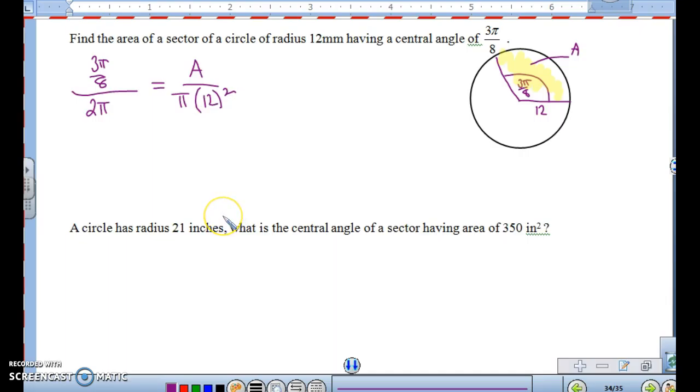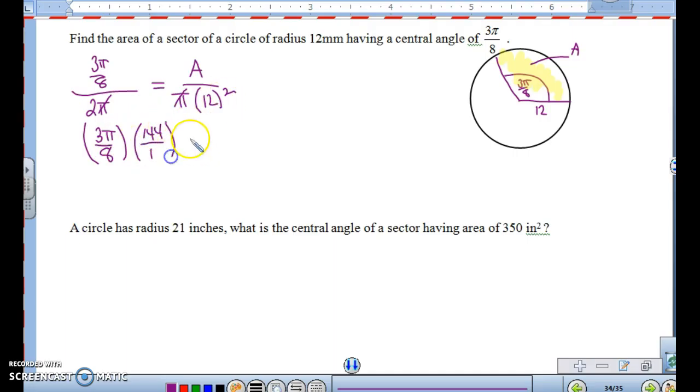Okay, so doing a little multiplying here. Again, both of these we would be multiplying and dividing by a pi, so the pi will cancel on this and this. Okay, and so that gives me 3 pi over 8 times, this is going to be 144. 12 squared is 144.